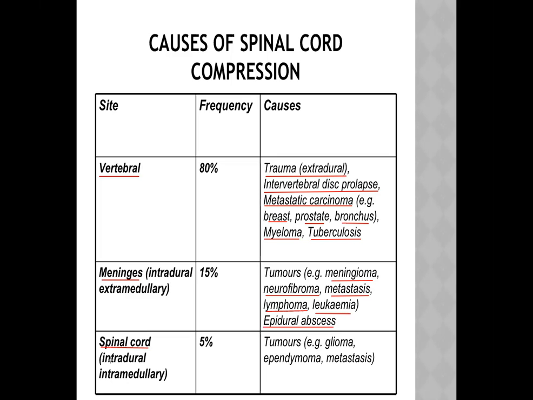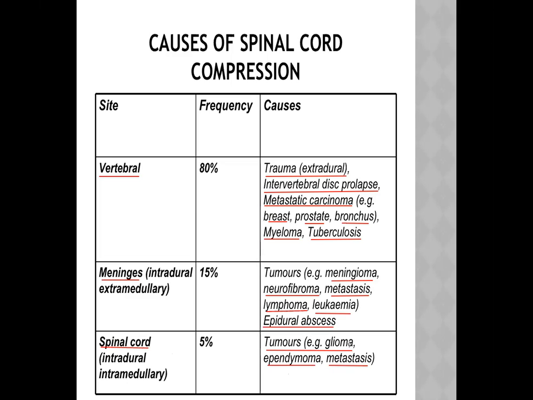Now, regarding spinal cord pathology, this is intradural intramedullary. Again tumors like glioma, ependymoma, and metastasis. These are the different tumors which may develop inside the spinal cord substance and can cause the problem.